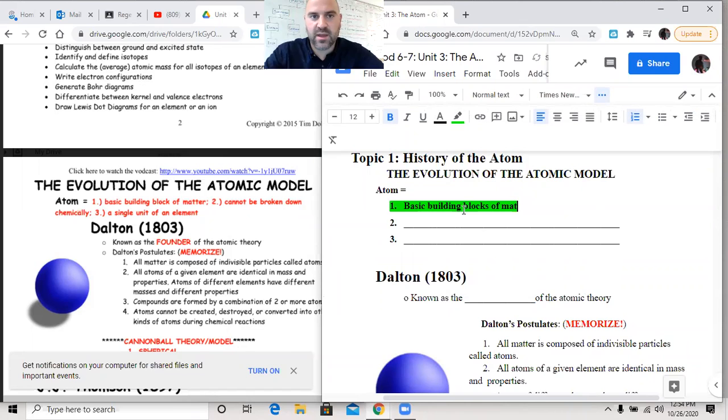Basic building blocks of matter. Just like above my shoulder over here, we did this little flow chart. There's matter up on top, but then we analyze the atom right there. So basic building blocks of matter. More information about an atom. Cannot be broken down chemically.